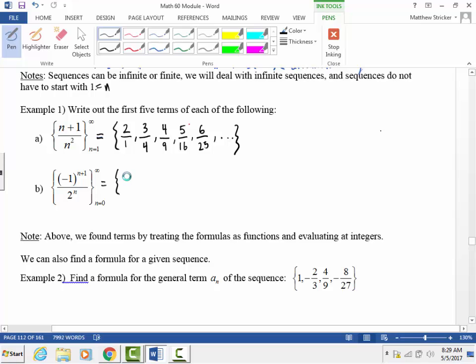Gabby, what'd you get for the first term? Is that right? Because 2 to the 0 is... Yeah. 2 to the 0 is 1, right? Okay, that's all right. Elijah, what'd you get for the second one? Positive 1/2. Is that all right?